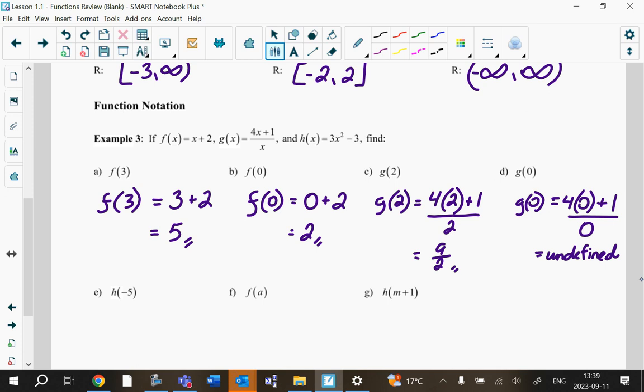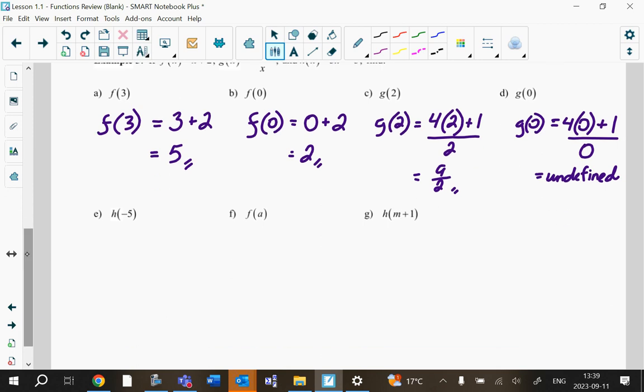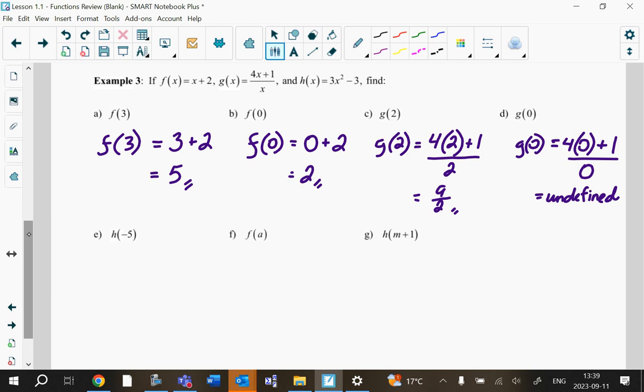Try the next one. You should be able to do the next one. Now we're taking -5 and plugging it into function h. So h of -5, which means every time you see an x, replace it with -5.